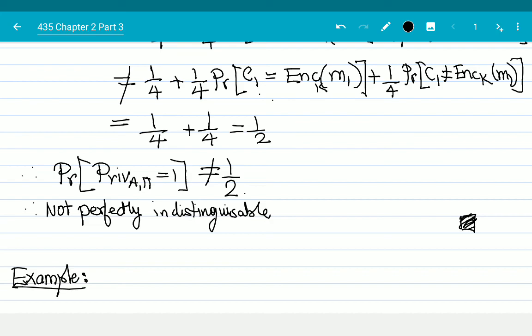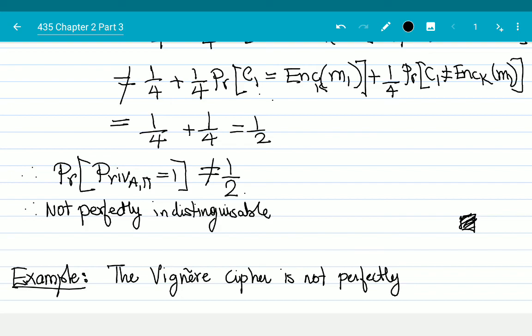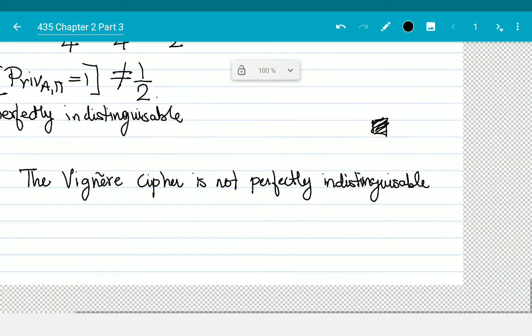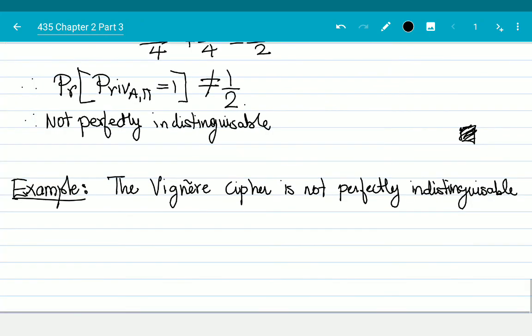We will show that the Vigenere cipher is not perfectly indistinguishable, and hence not perfectly secure. Okay, so here's my setting.